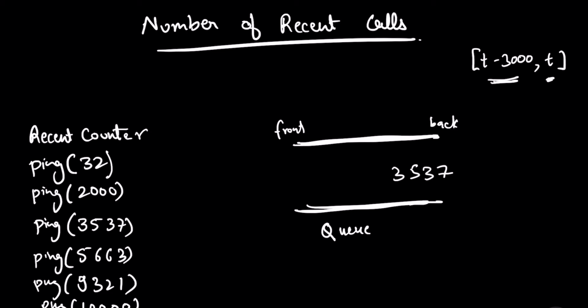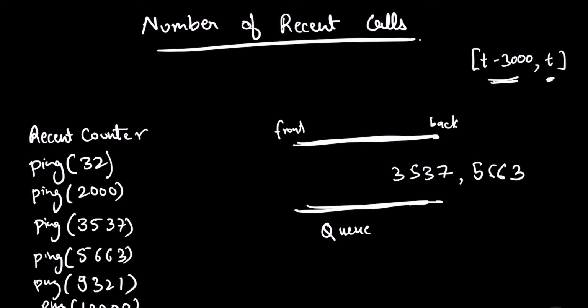Okay, and then what we have to do is check the next front element of the queue, right? So that's 3537 now. So 3537 actually lies between the interval t minus 3000 and t, right? 3537 isn't outdated, it doesn't lie before 5663 minus 3000, so it's a recent call. So we let it be in the queue, we don't pop it off, and we append 5663 to the queue.